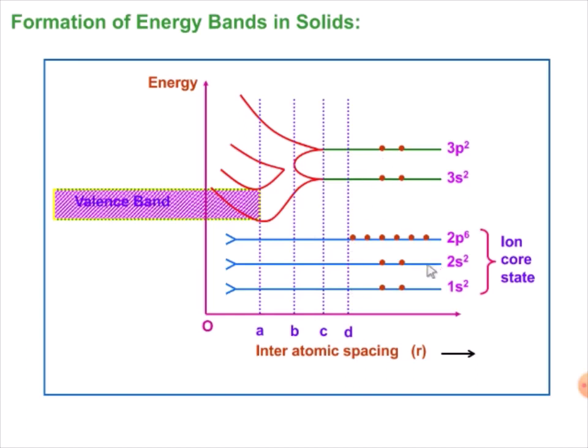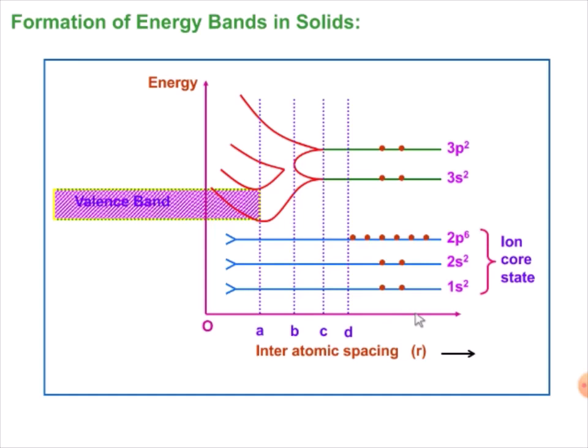Let's try to see. If the interatomic spacing of silicon atom is very large, that means greater than this D, there is no interaction between the actual atom in the crystal and the far away atom that is going to be brought. Because being far away, there will be no interatomic interaction. Each atom in the crystal behaves as a free atom.